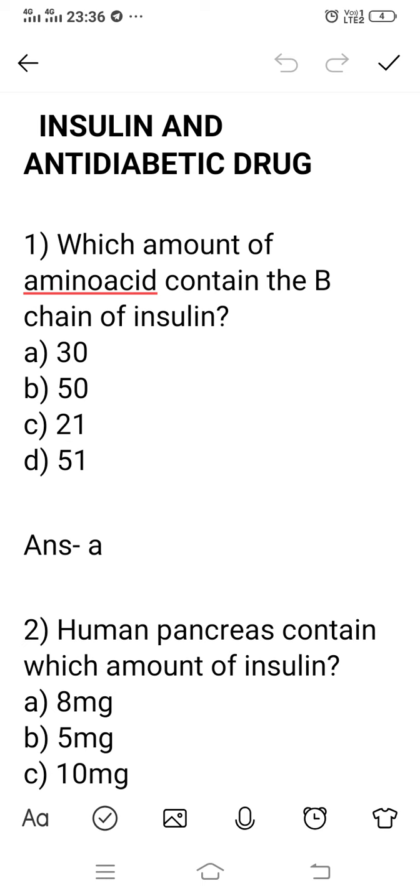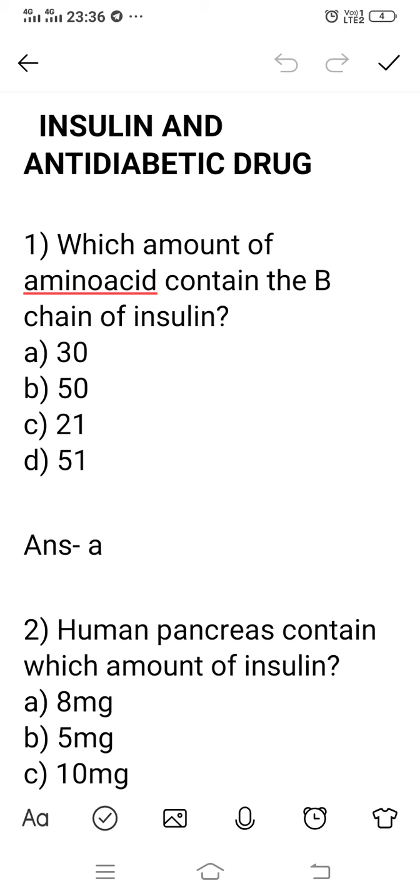Insulin is one type of polypeptide which contains two chains, A chain and B chain. So the A chain contains 21 amino acids and the B chain contains 30 amino acids. So total insulin contains 51 amino acids.